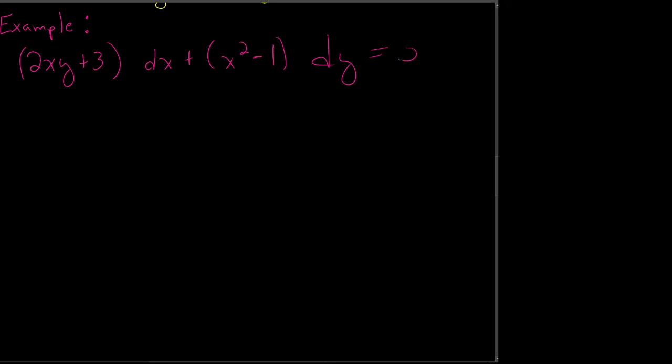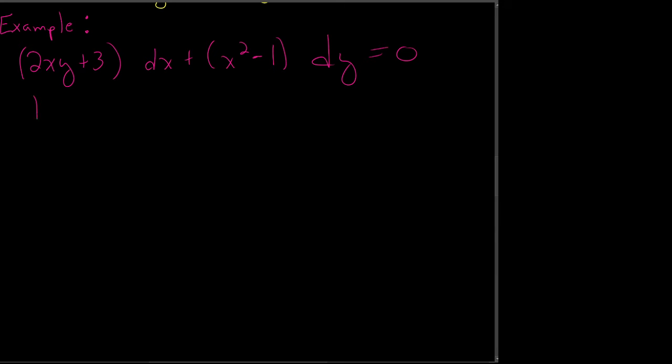So my example is going to be: I have some function, (2xy + 3) dx + (x² − 1) dy = 0.